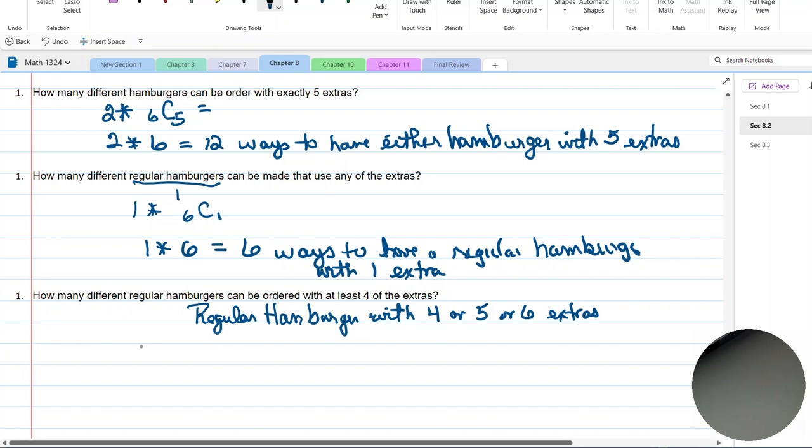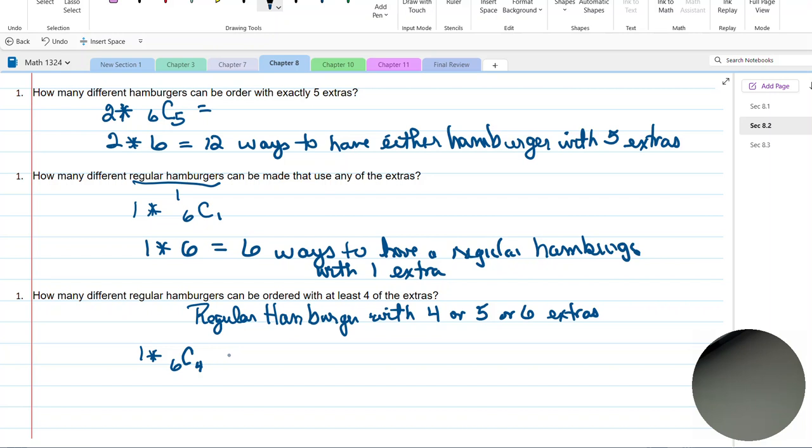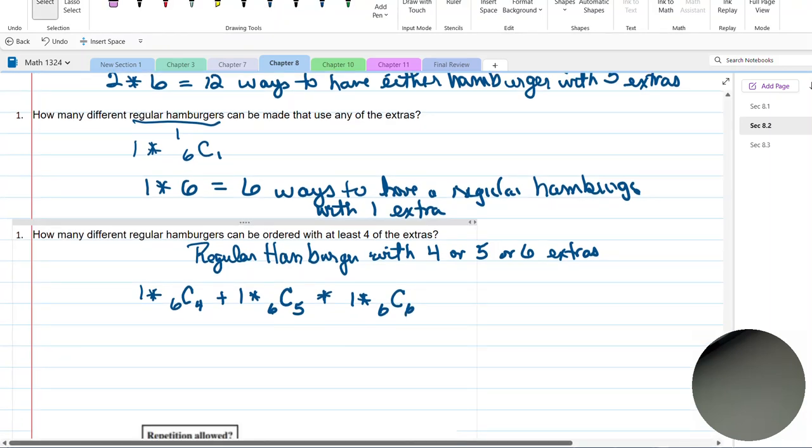So it's 1 type of hamburger times, and then we have on the extras 6 choose 4 plus 1 times 6 choose 5 plus 1 times 6 choose 6. All right. So we really don't worry about the 1 so much, but we want to make sure that we have all the conditions met. So let's do this math.